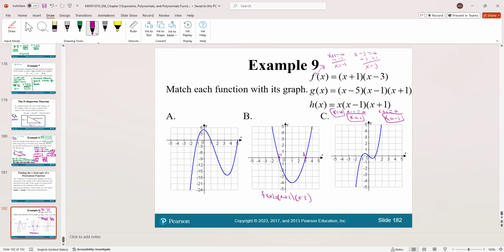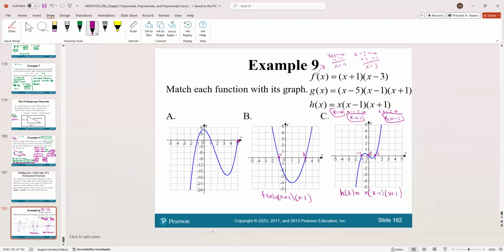Which graph, A, B, or C? We already picked B for f of x. About h, yes, that would be C because this is -1, 0, and 1. So h of x would be equal to x times x minus 1 times x plus 1. That's the answer.